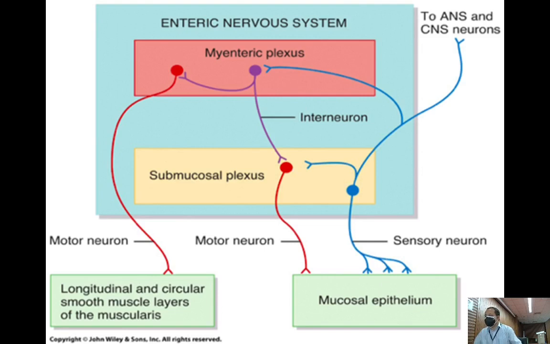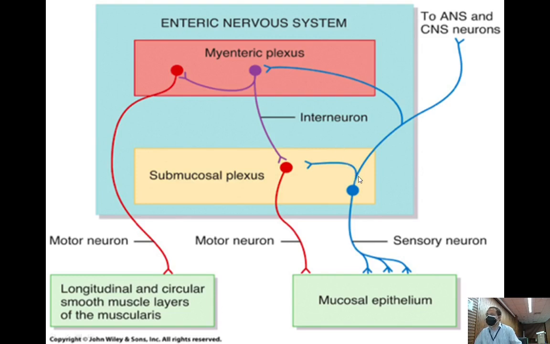The mouth and major portion of the upper GIT is controlled by cranial nerves, like the facial nerve. The stomach and the intestine is controlled by vagus. You can have reflexes also controlling: long reflexes as well as short reflexes.